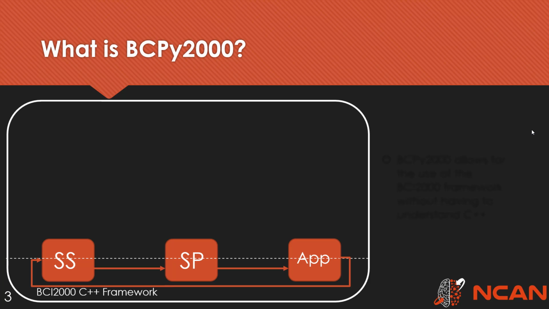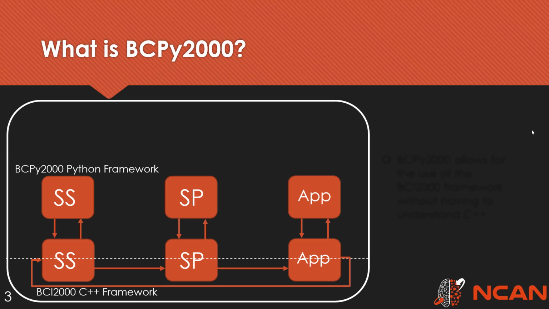So now I'm going to go over the structure of what BCPy2000 is. Our underlying structure is the C++ framework, and here you'll see the signal source, signal processing, and application as outlined in the previous slide. On top of that, interfacing with that framework, is the Python framework.